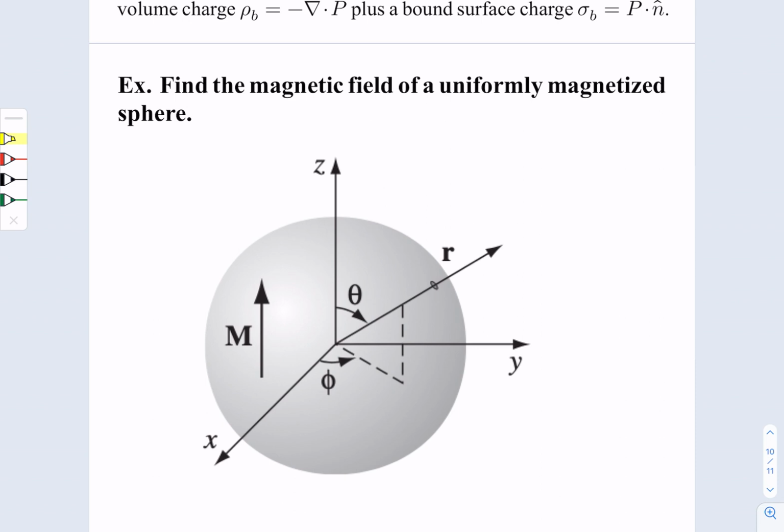So remember that we also did a similar calculation on a polarized sphere, right? We thought you brought a polarized sphere when you go back to your bag. Oh, okay. I'll bring one next time. Yes, definitely.